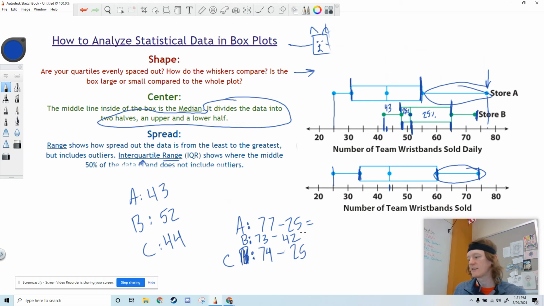I'm mostly just estimating, but I think those numbers are pretty close. So let's figure out the ranges. 77 minus 25, A is 52. B is 73 minus 42, 31. And C, 74 minus 25 is 49. So we'll talk about the ranges. The range is less than A, but greater than B.